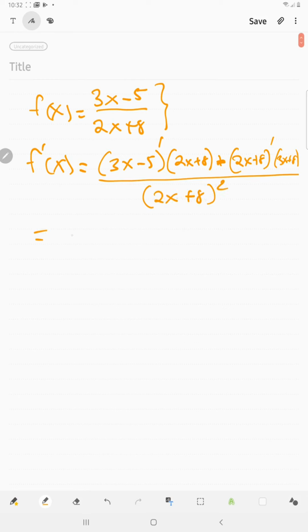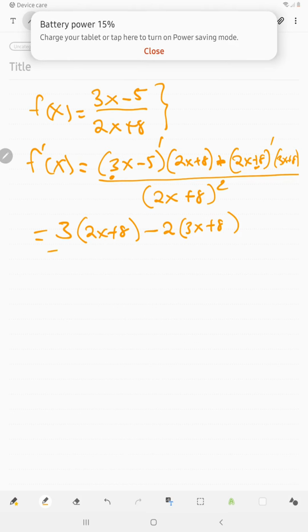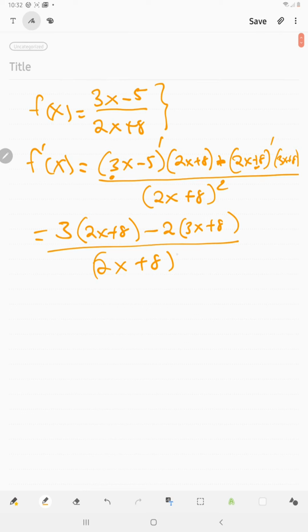Then this is going to give me, if I go inside this bracket, only 3 times this value, and in the second one I have negative 2 times (3x minus 5), all over this squared.